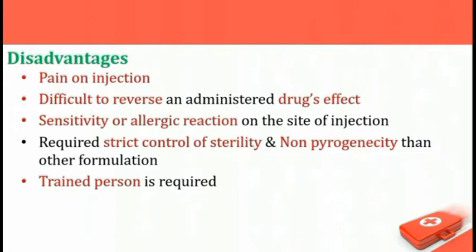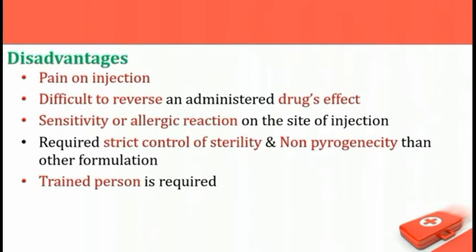Next one is freely soluble. Freely soluble means 1 to 10 parts, and soluble means 10 to 30 parts. And next one is sparingly soluble, which means 30 to 100 parts.